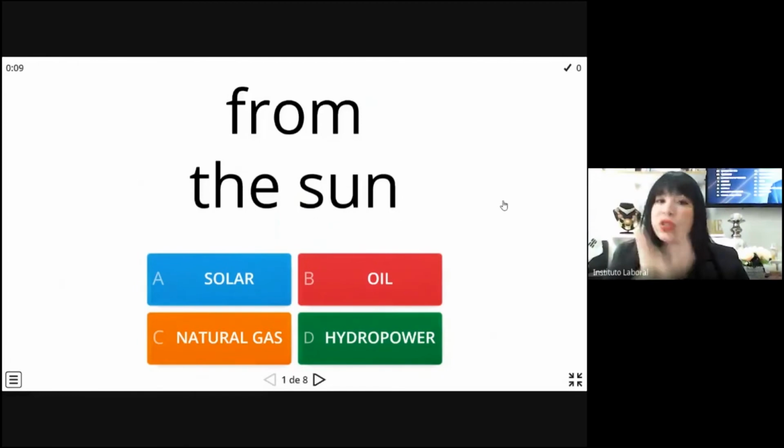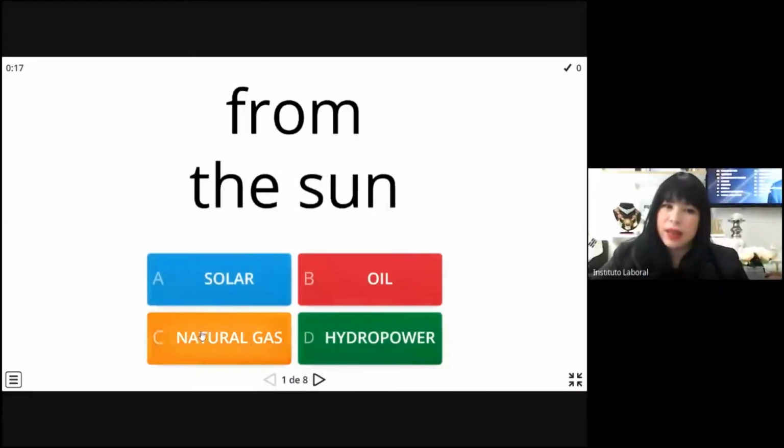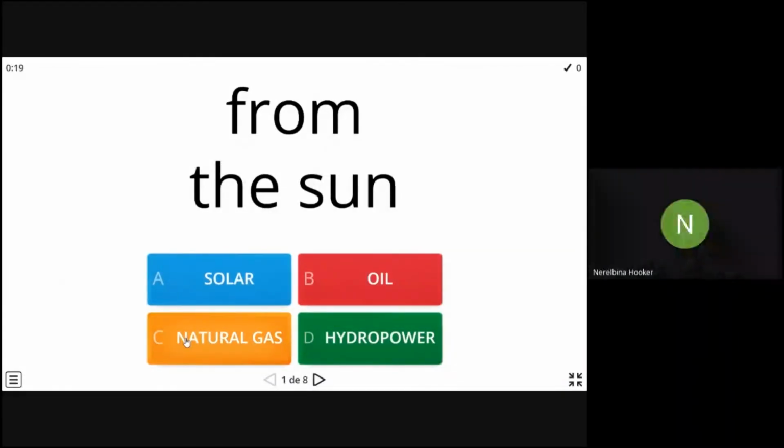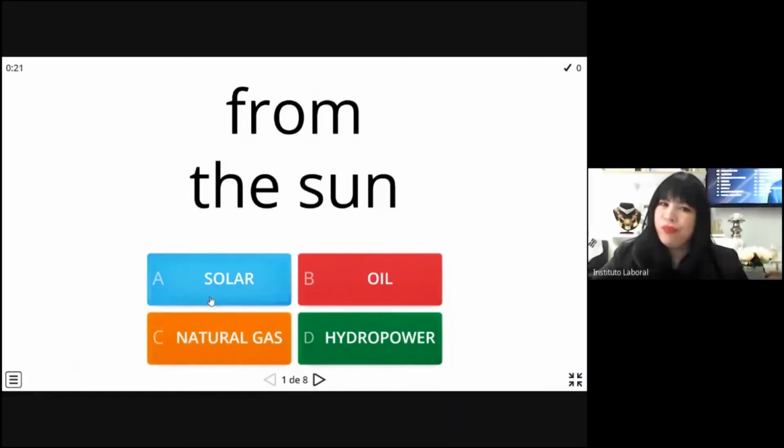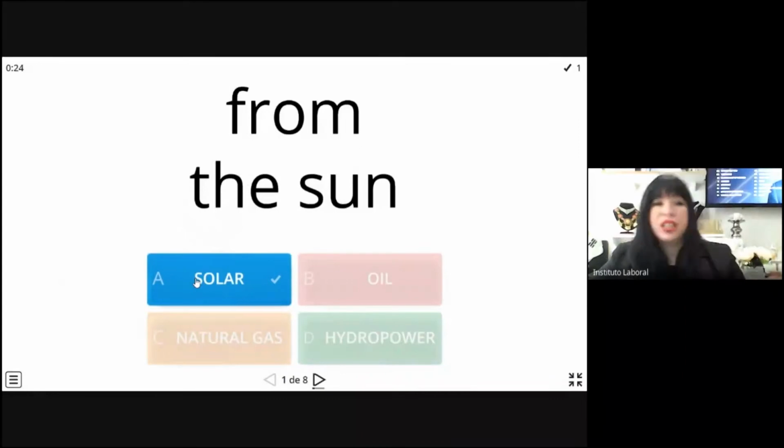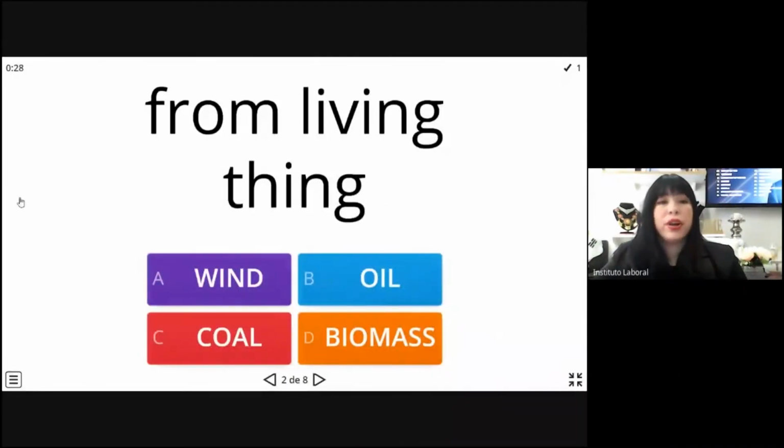The energy from the sun. How do you call it? Natural gas? Solar energy. Yes, this is the energy that we receive from the sun. Solar. Okay.